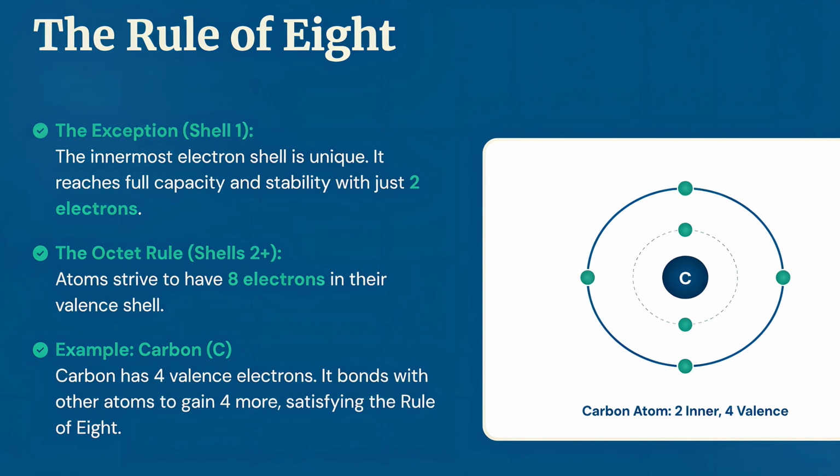So the hydrogen atom with only 1 electron is missing an electron. It wants to fill its shell, and it's looking for a partner. Well, along comes oxygen. Now, oxygen has 6 electrons in its valence shell. And the 6 electrons are great, but oxygen very badly wants 2 more electrons.